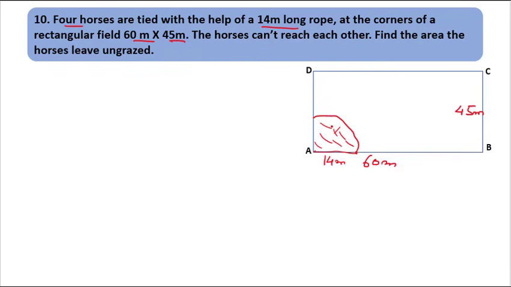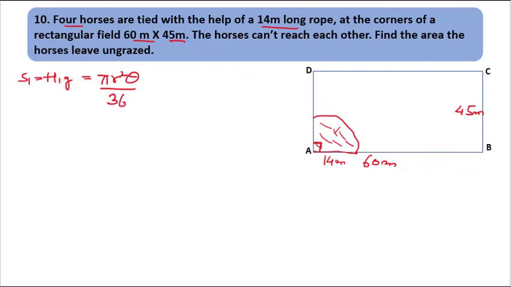And similarly there are three other horses tied to three other corners. Since this is a rectangle, the angle here is 90 degrees, we know. And what is the area of the sector? Since it is the first sector that we are dealing with here, the horse 1, how much area does the horse 1 graze? It is equal to pi r square theta upon 360.